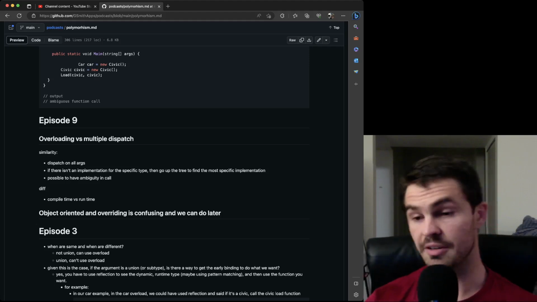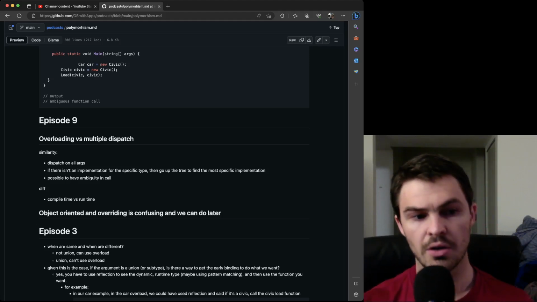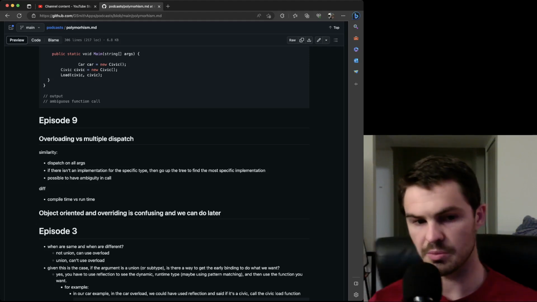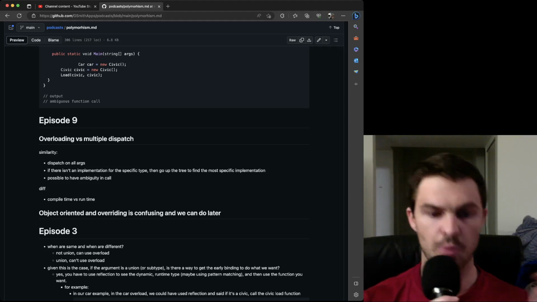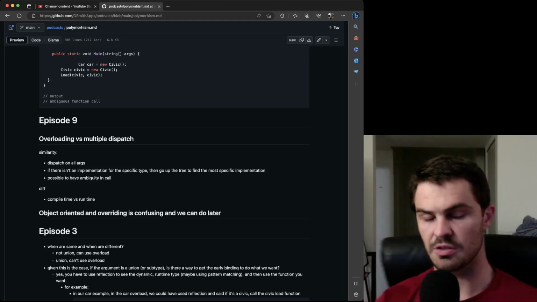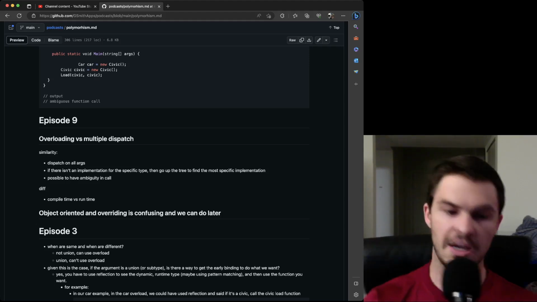So that is the whole difference. Overloading chooses which implementation to use based on its arguments at compile time, and multiple dispatch chooses based on its arguments at runtime.